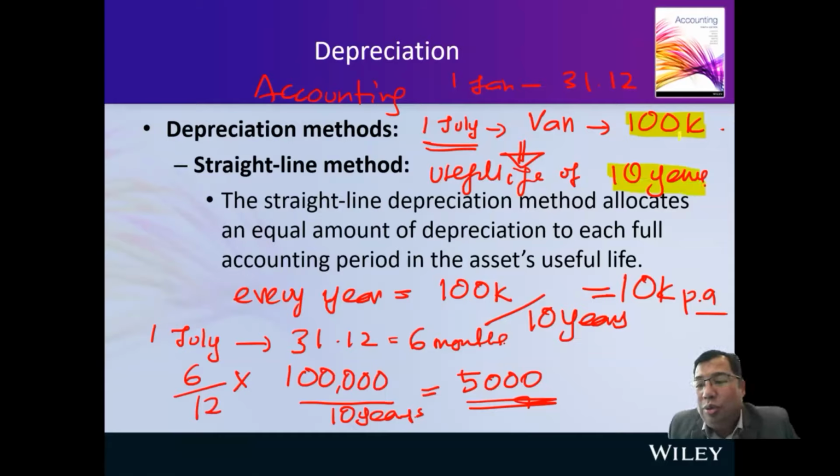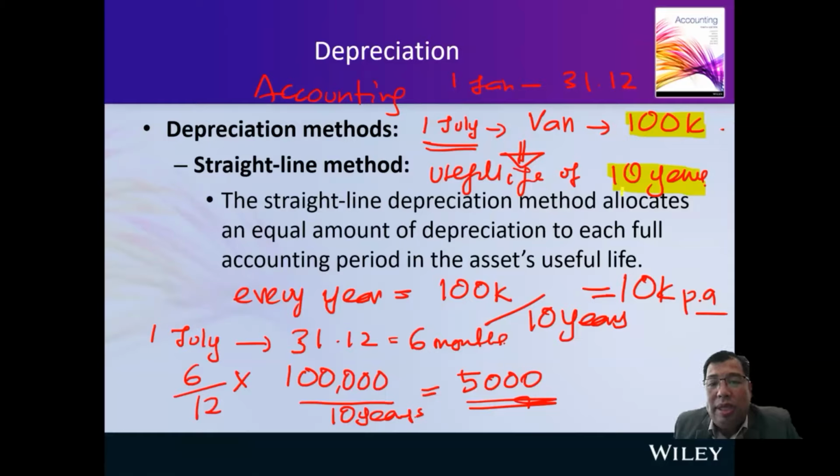So you cannot put this 100,000 in your income statement. This is not the cost for 1 year. The cost is for 10 years. So in the first year, you're going to put in your income statement only 1/10 of it, or a portion of that, as your depreciation. So your annual depreciation will be 100,000 divided by 10 years.